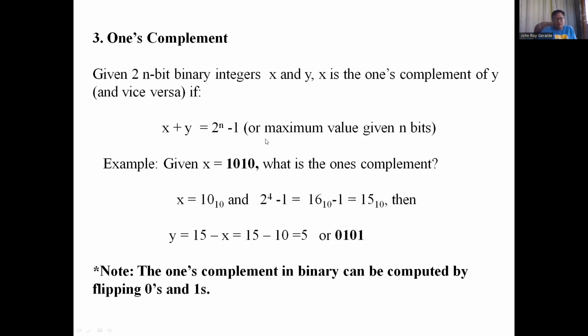What's the 1's complement of 62? The 1's complement of 62 is 1, because the next power is 64, minus 1 is 63, right? 63 minus 62 is 1.